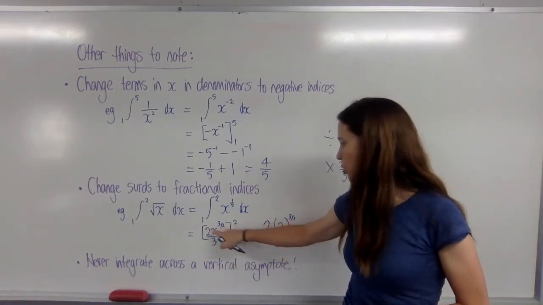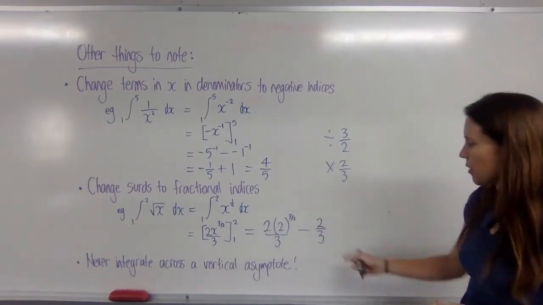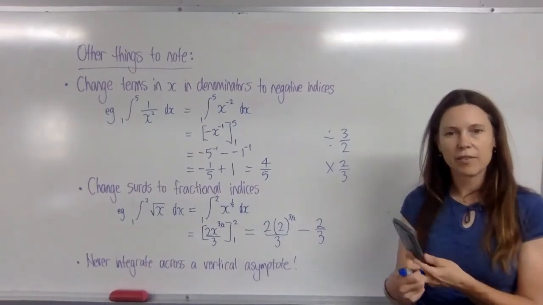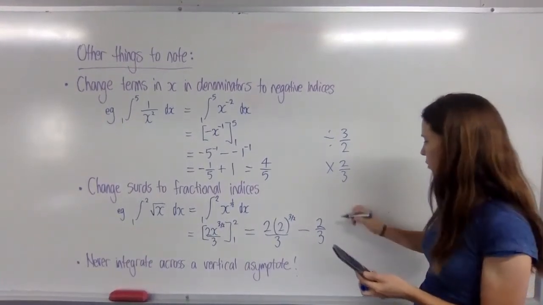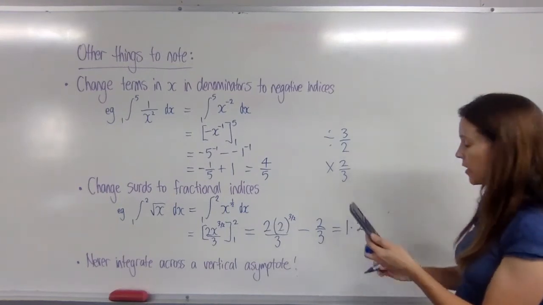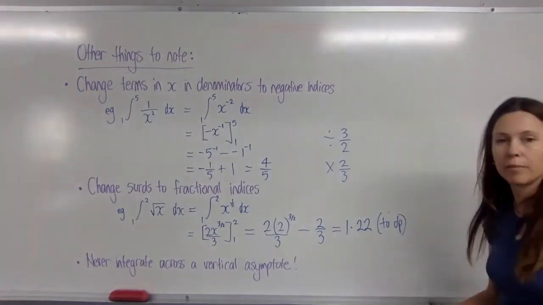So we're going to have 2 lots of 1 over 3. That's just 2/3. Now this looks a bit nasty to do in our head, so let's reach for our calculator now. And here it's kind of unavoidable that we're going to need to round off our answer. So we've got 1.2189. I'm just going to round it off to 2 decimal places and then put to 2 dp.